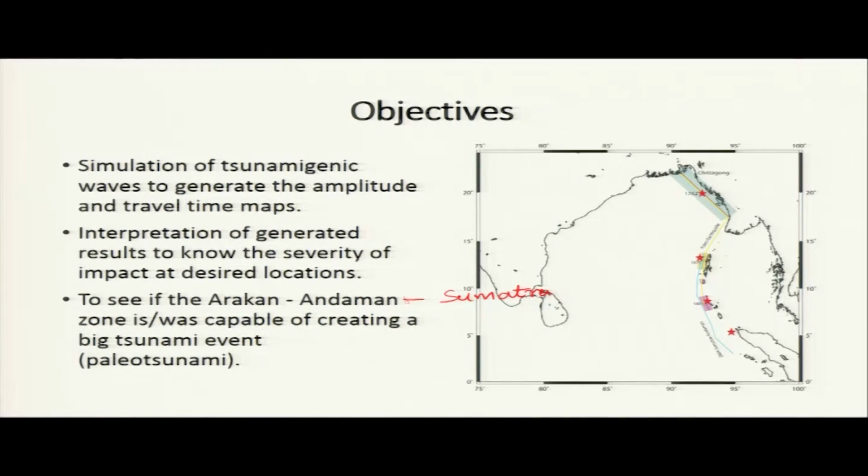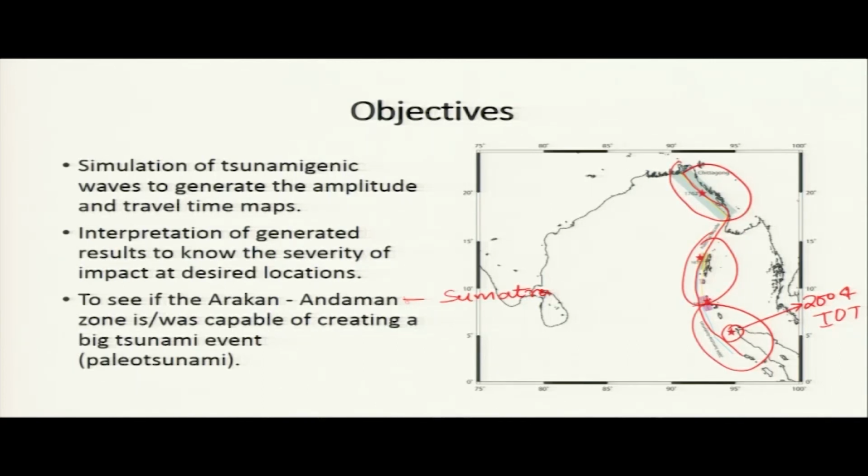So, this is the map which shows the Arakan part, the Andaman part and the Sumatra part. This is the subduction zone, which is arcuate in nature, and here is the epicenter of the 2004 Indian Ocean tsunami, and a few more tsunamis have also been marked here.